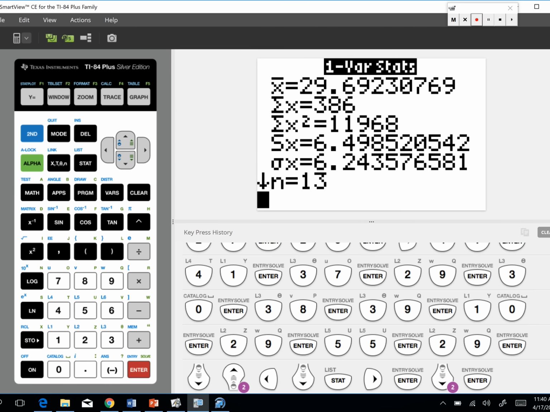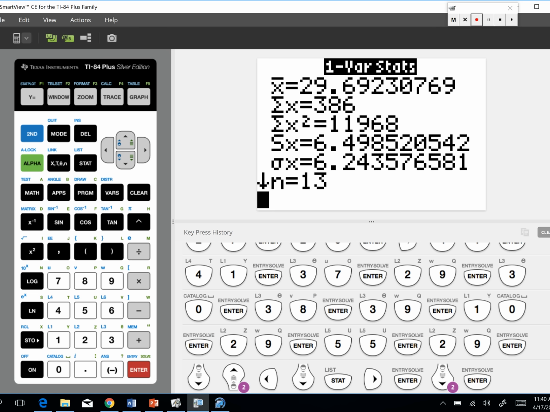Keep in mind, the big reason why I wanted to go through this with you, your calculator only gives you sample standard deviation. We need to use the Sx. Rounding rule, we should round to just 1 more decimal place value than the data we're given. So we should round to the nearest tenths, 6.5.